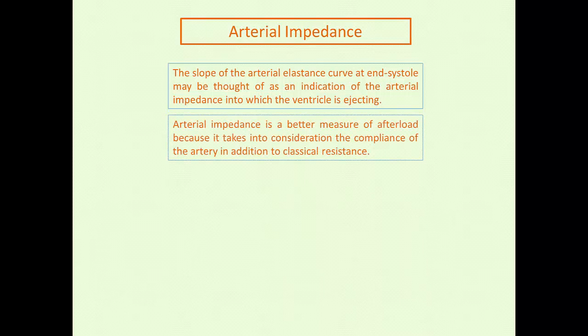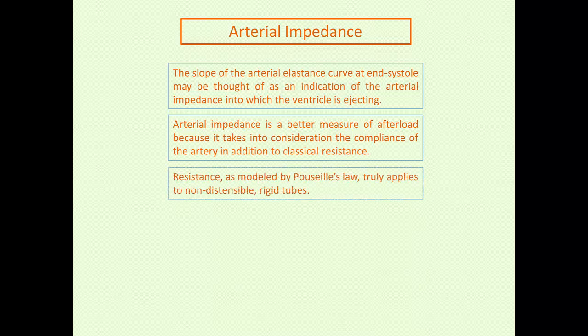Arterial impedance is a more true, more physiologic measure of afterload, because it takes into consideration not just the classical resistance aspect of the arterial bed, which, if you only considered that, you'd be assuming the arterial bed is just an array of non-distensible conduits. But impedance also takes into consideration the compliance of the artery in addition to classical resistance.